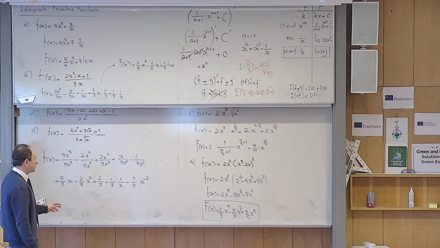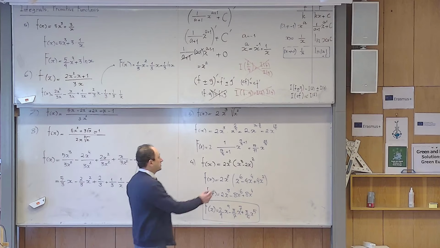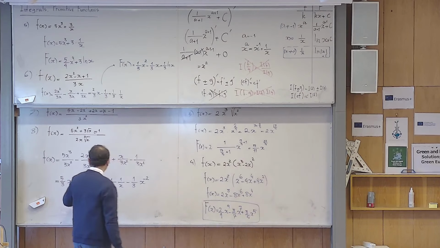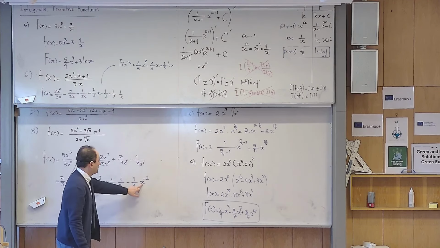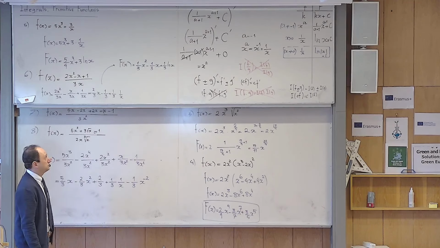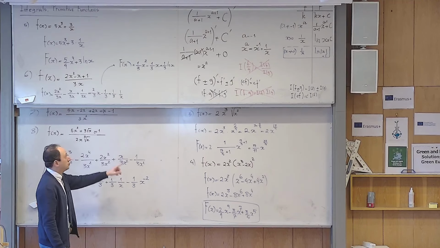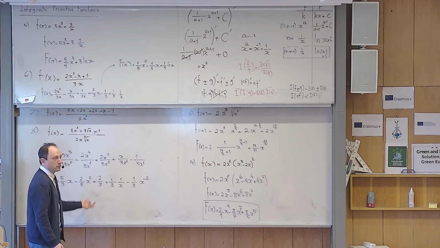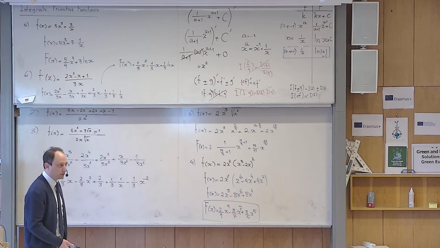Which formulas are involved? Addition, subtraction, multiplicative constant formulas down there. And then this one, and this one, and that one are all second row, and this one is the third row, and this one is the first row. So it's a combination of all the formulas that we have in one problem, yes?